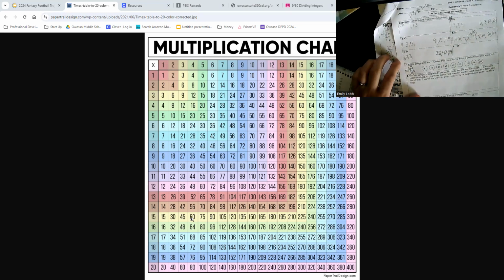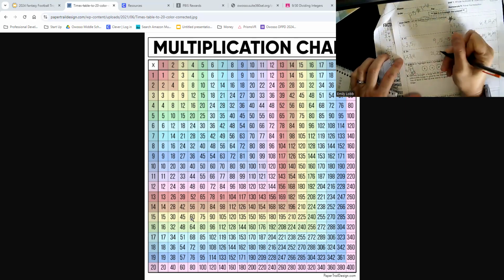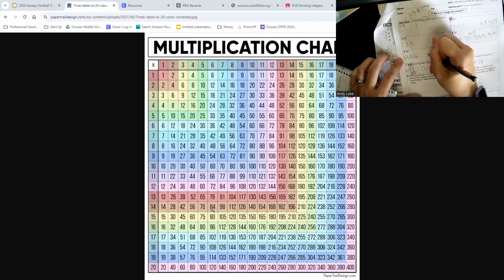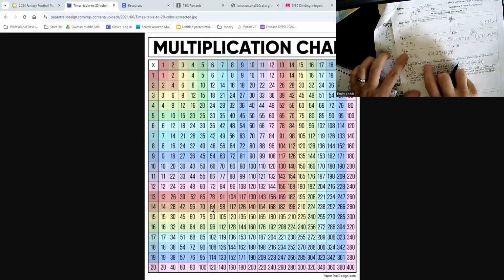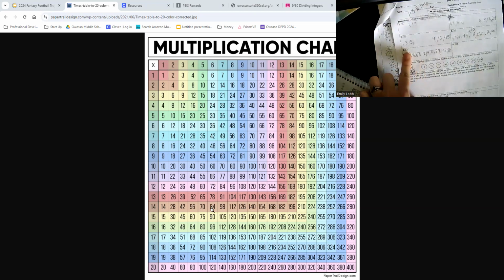I don't know why I said that. 4 and 21. 5, no. 6. 6 and 14. These all look like multiples of 7 here, right? 7 and what? 12? And then I'm just checking 8, no, 9, no, 10, no, and 11, no. So I'm just checking between the 7 and the 12, okay?